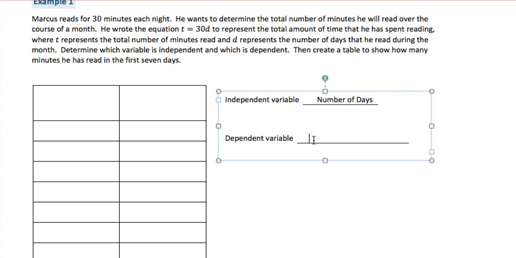Which would mean that our dependent variable then is the total minutes that were read. And it is, of course, dependent on the number of days that he reads. That's what makes it a dependent variable.